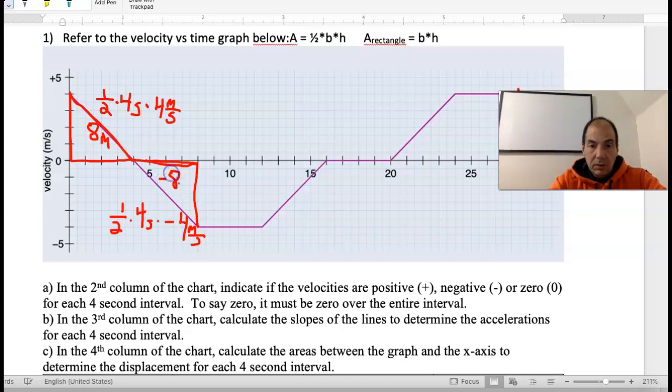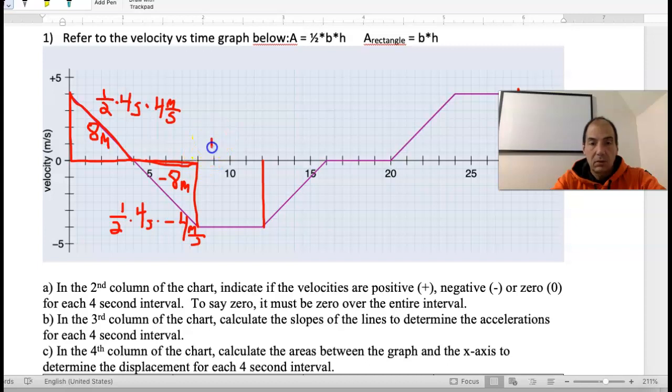So right away, we could kind of infer that this person or thing moved 8 meters in one direction and then 8 meters in the other direction. So right here, I know they're right where they started. They haven't gotten anywhere yet. All right, so the next 4 seconds brings us out to 12. So now we have a rectangle. So we're going to do the base, 4 seconds, times the height, -4, because we're going down. So I guess I should write that up here.